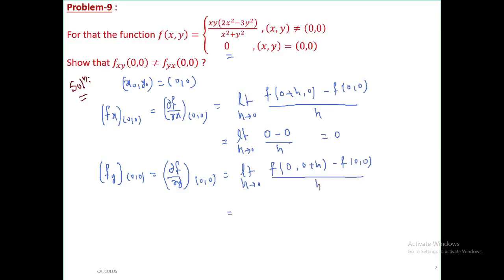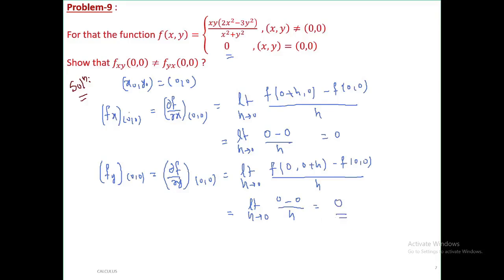Now this is f of 0 comma h. So wherever x there 0, wherever y there h. So denominator 0 square plus h square, so simply h square denominator, numerator 0. 0 by h square is 0. So limit h tends to 0, this is 0. So 0 minus 0 by h. Answer is 0.